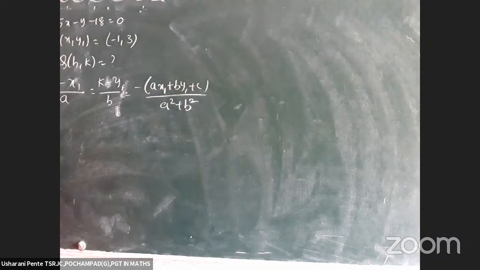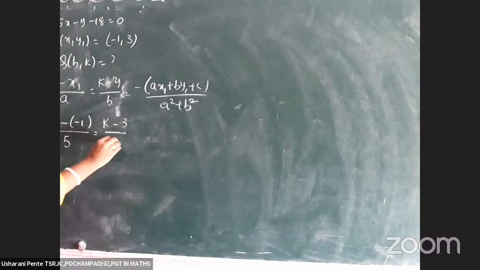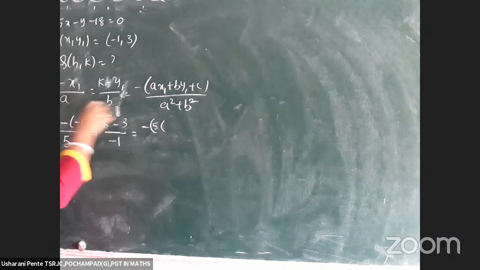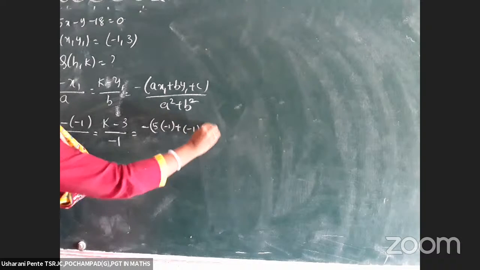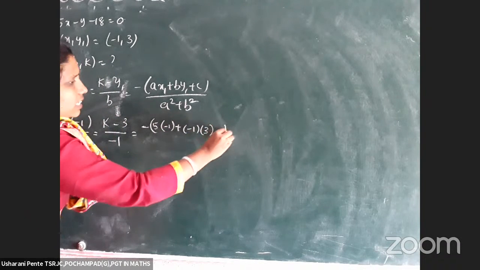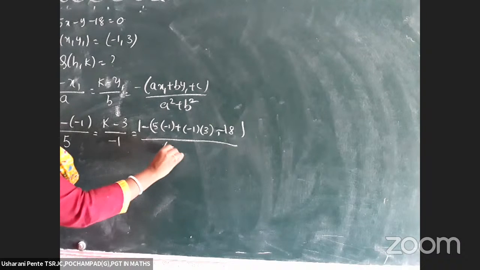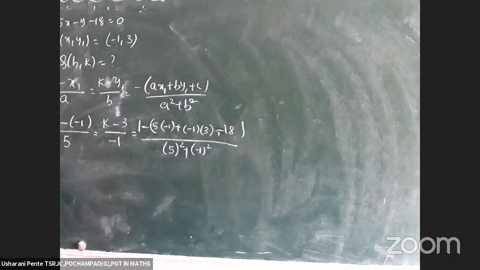So h minus x1 is h minus (minus 1), a is 5; k minus 3, b is minus 1; that is equal to minus of (5 into minus 1 plus minus 1 into 3 plus minus 8) by a square plus b square, that is 5 square plus minus 1 whole square. That is equal to how much?